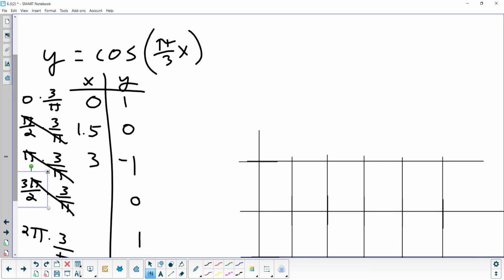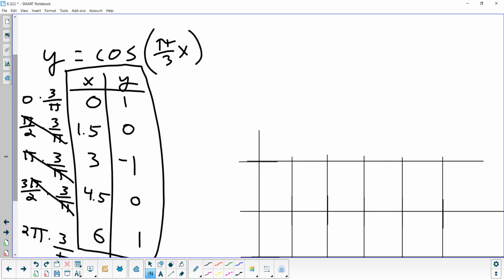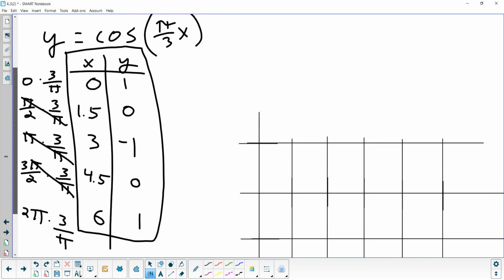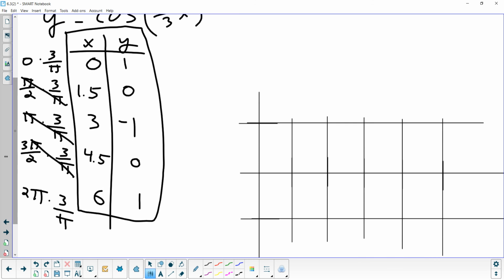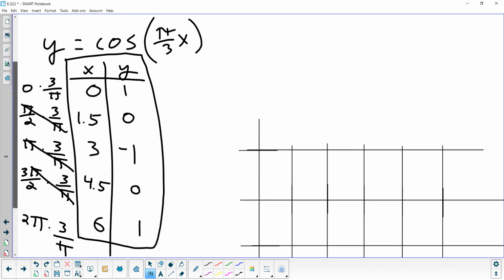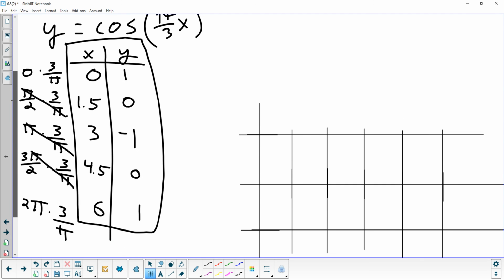Jeff? 4.5. Good. And anyone see the pattern? What's the last one? 0, 1.5, 3, 4.5. Going up by 1.5 each time. Yeah. 6. So that's the first time you've ever had a table without any pi's in the x column. And if we need to do a sketch tomorrow of one of those, we can do a sketch. Okay, but that's the period change.